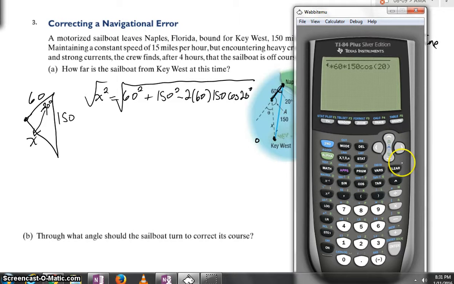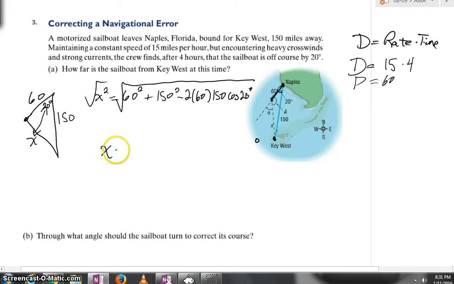That's a common confusion for students. They might say, wow, I typed everything in. I'm not getting what you had. But you'd see that after taking that square root, it's about 95.8 miles. So that's part A. Now for part B, and we can write 95.8 right in here.